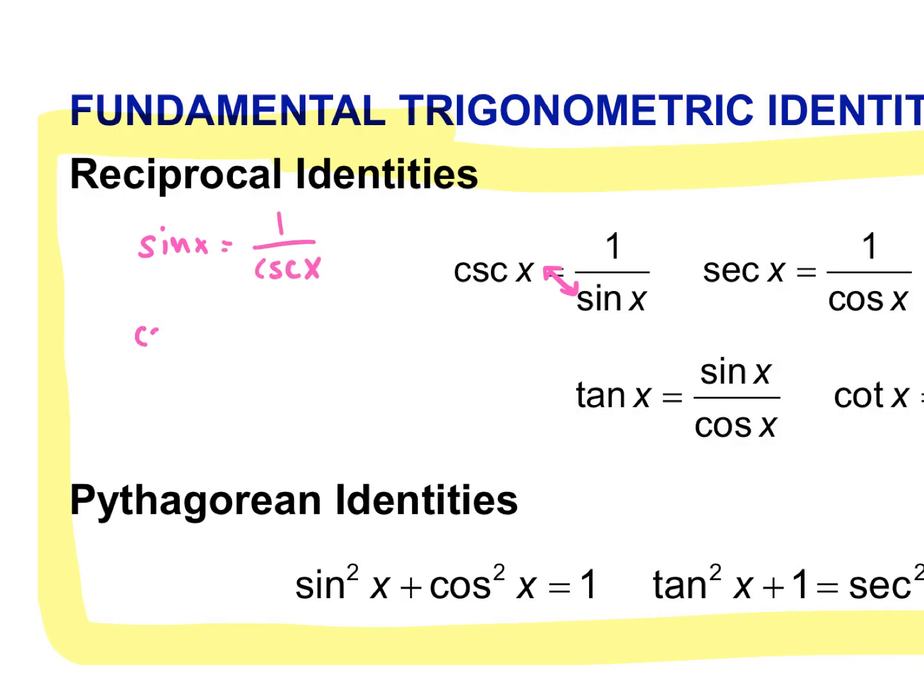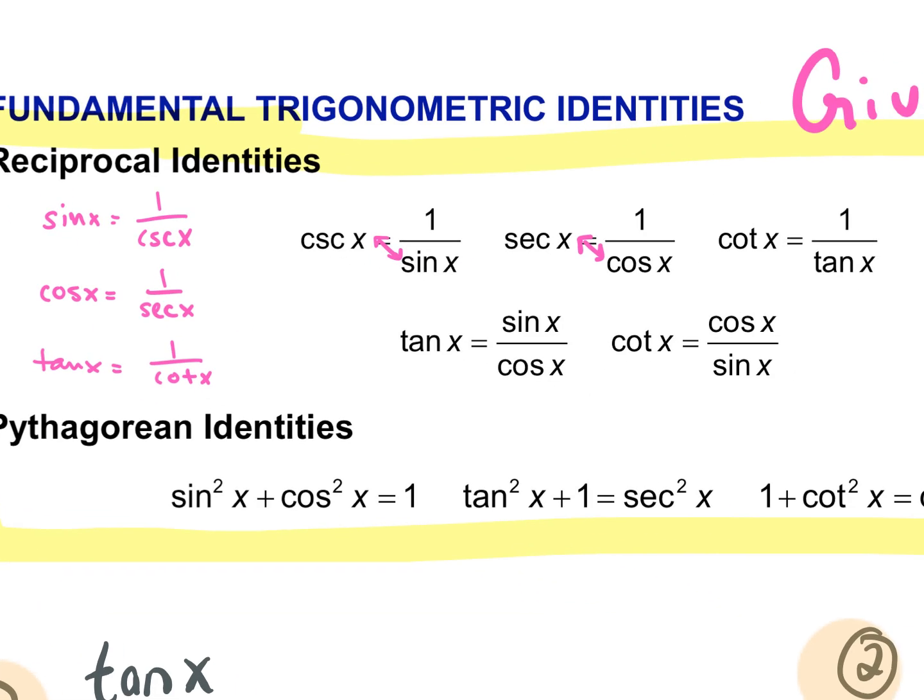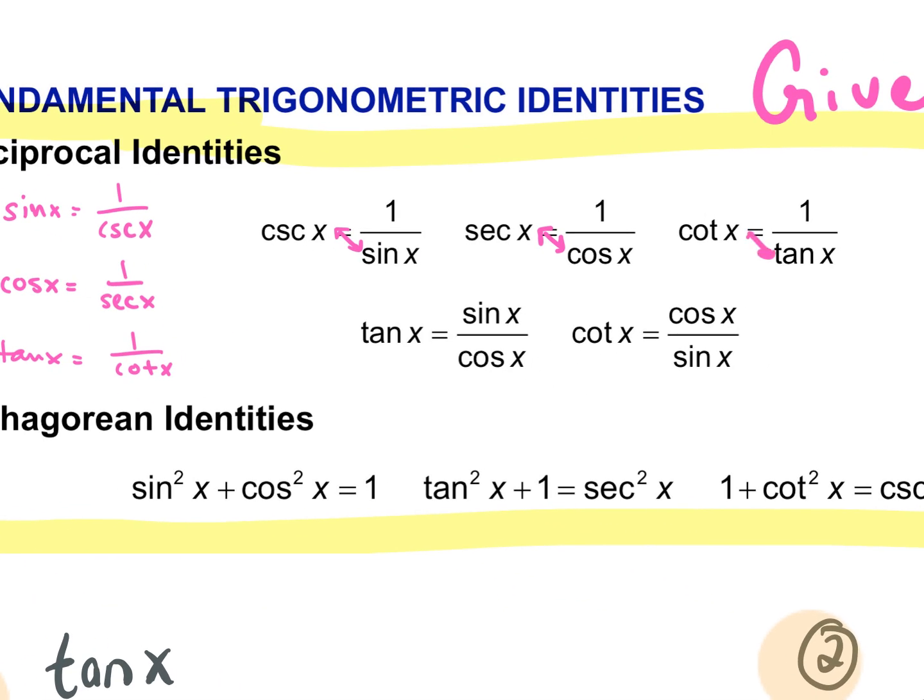We know that cosine of x equals 1 over secant. So these are given to you, but it also works when it is flipped. So you can flip the sine and the cosecant, or the secant and the cosine, or the cotangent and tangent. So tangent of x equals 1 over cotangent. So the flip of them work too.